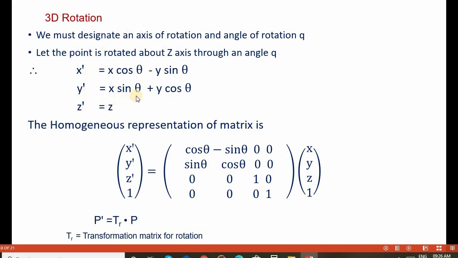In 3D rotation, the homogeneous matrix is x dash, y dash, z dash, 1 equals cos theta, minus sin theta, 0, 0; sin theta, cos theta, 0, 0; 0, 0, 1, 0; 0, 0, 0, 1 times x, y, z, 1. After simplifying, we have P dash equals Tr into P, where P is the initial value and P dash is the rotated value. Tr is the rotation matrix.